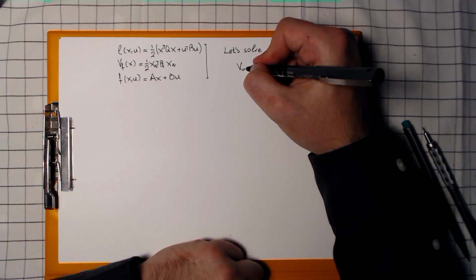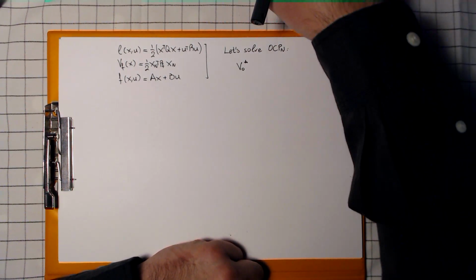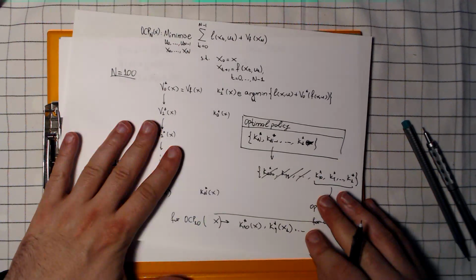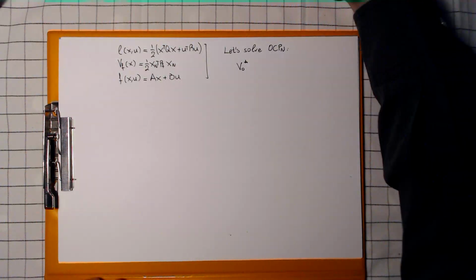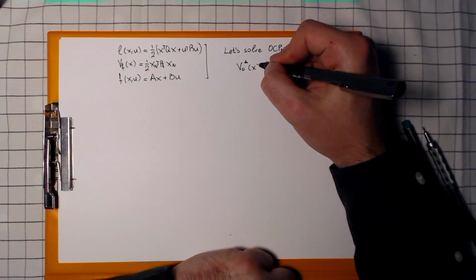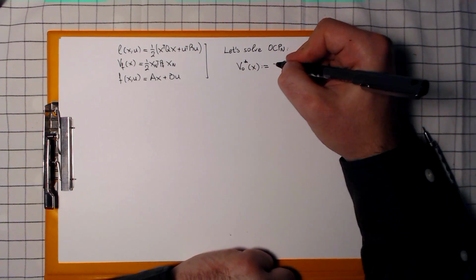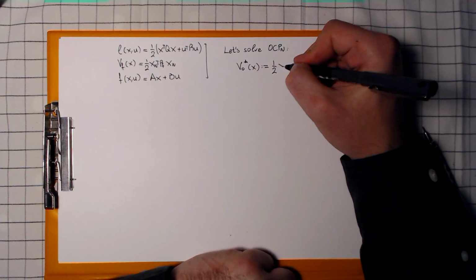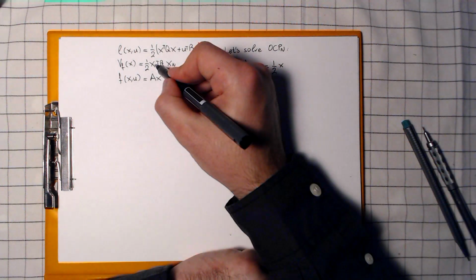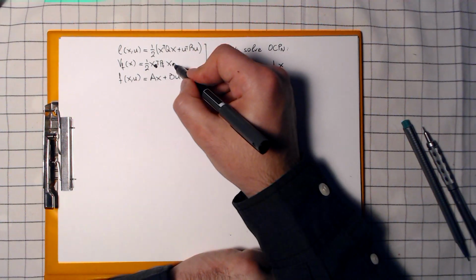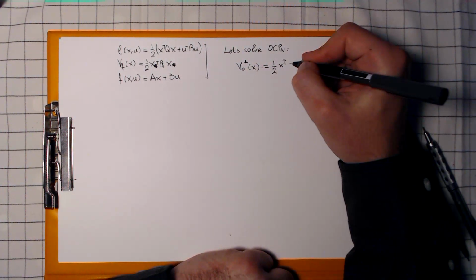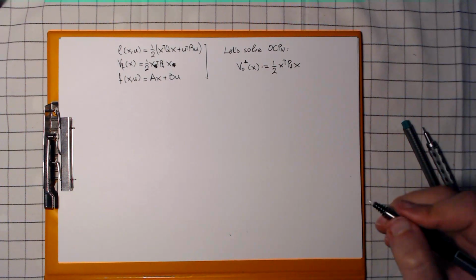We start with V0 star. We follow the dynamic programming procedure, this procedure over here. We start with V0 star of x, which is defined to be VF. Sorry, not n here, we don't need the subscript. So x transpose PF x. So that is V0.